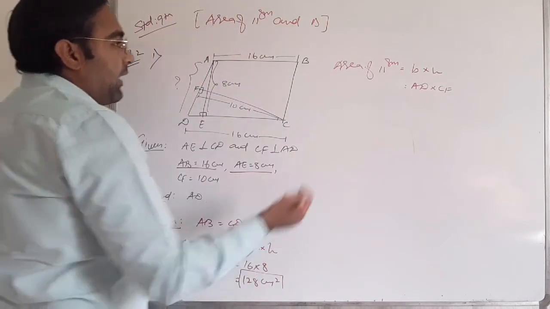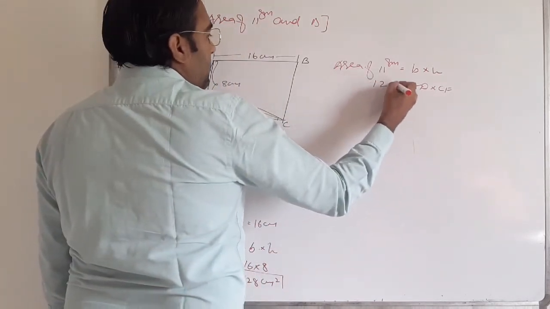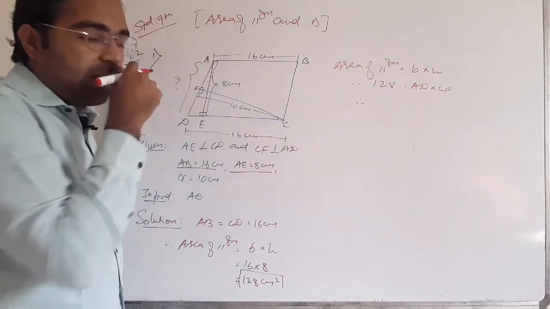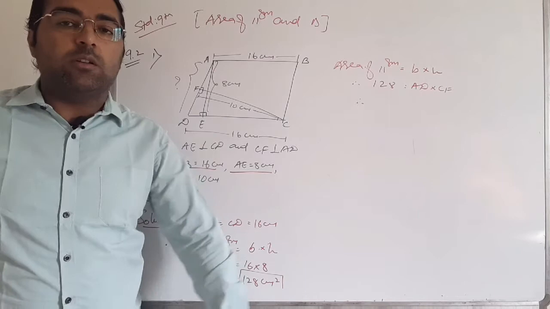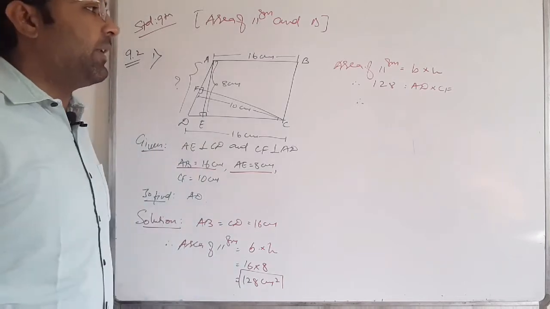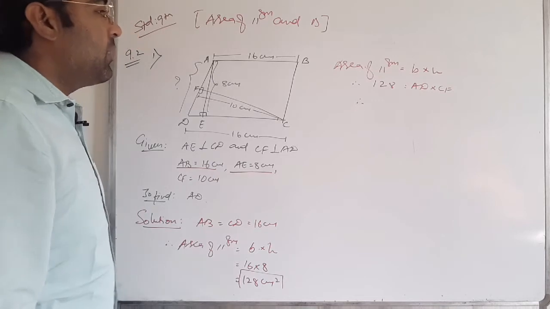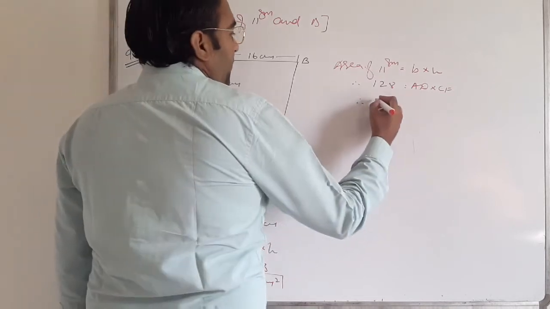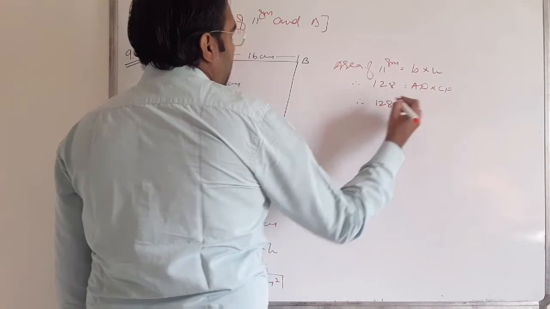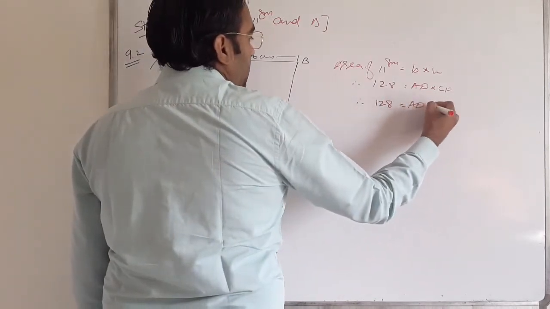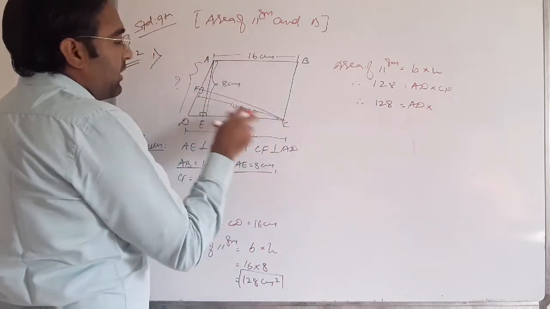So area is, we know, 128, because the area never changes whichever method we use for finding the area. Therefore 128 equal to AD, which we have to find, into CF, that is given as 10.